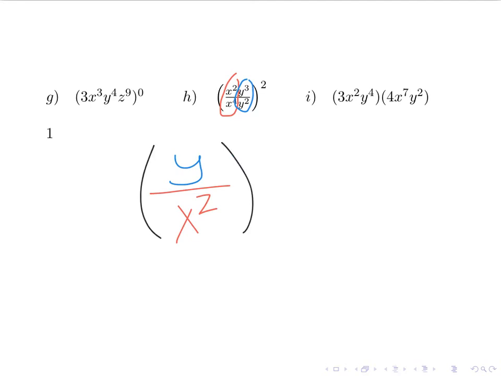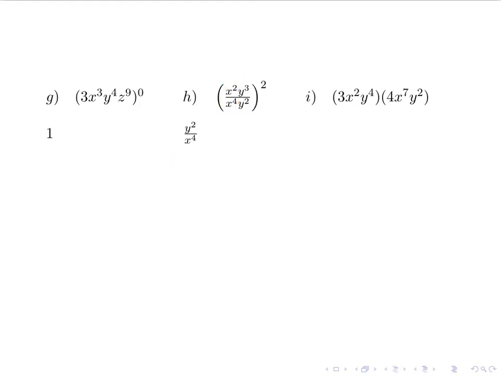So I'm going to take that whole thing and square it. So I have y squared, and then x squared squared is x to the 2 times 2, which is 4. So y squared over x to the 4th.